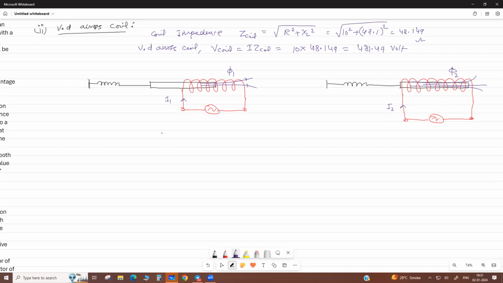Now the equivalent circuit of this coil is: this is the resistance of the coil, this is the inductance of the coil. The resistance is fixed and does not change, but the inductance changes: this is L2, this is L1. But R of the coil is fixed. So it is an RL series circuit in both cases.